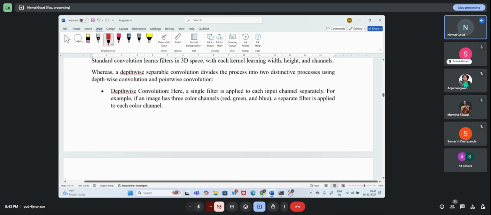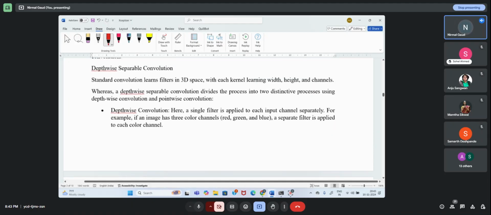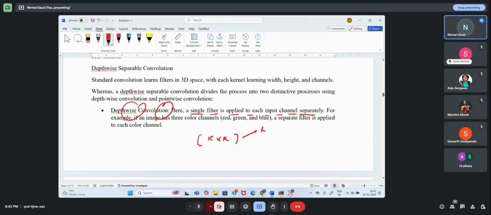Okay, so let's talk more about how this architecture is working. In depthwise convolution, a single filter is applied to each input channel separately. So if you have a K cross K filter, let's apply this filter to red, to green, and to blue, separately.